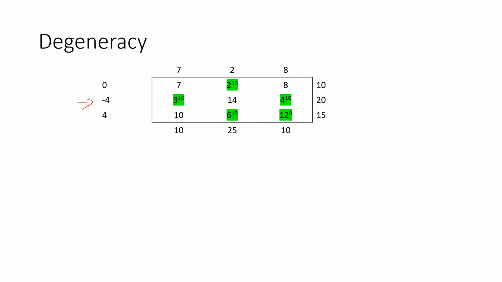But then if I figure out my C's, what do I get? Well, I'm just going to jump right to C31 star. And what do I get for this? My C31 star is equal to 10 minus 7 plus 4, which is minus 1. So it tells me that I can improve my solution by introducing that variable into the basis. So what happens if I do that?